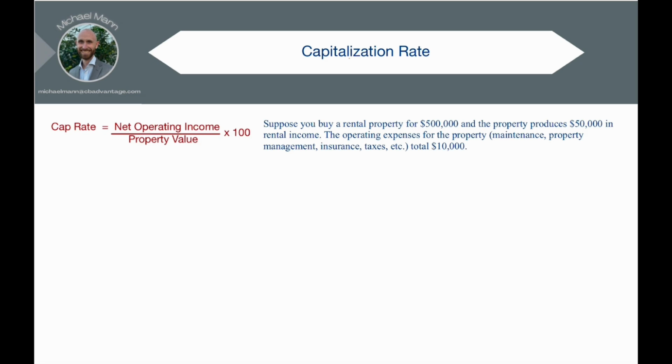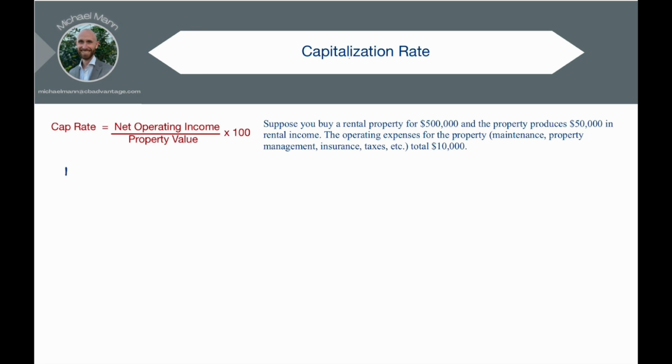Now, the formula in order to calculate the cap rate is your net operating income divided by your property value, or also your purchase price if you want to look at it that way, times 100. Now, one key thing, the net operating income is its own individual calculation.